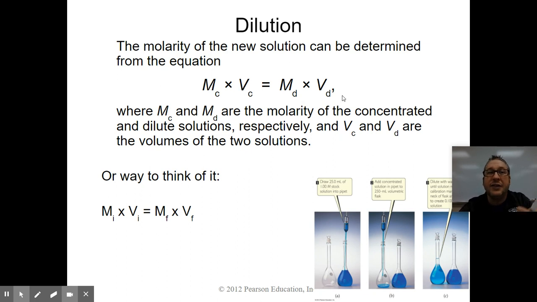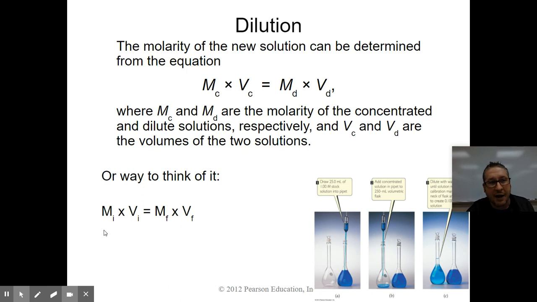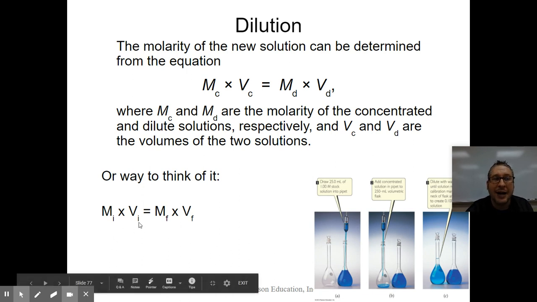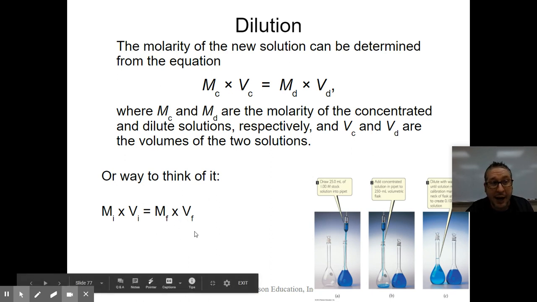The D is for diluted concentration and diluted volume. I also wrote down after the fact, after you've already been given these notes, of thinking of it this way: MI times VI equals MF times VF. The initial concentration and initial volume is equal to the final concentration times the final volume, okay?